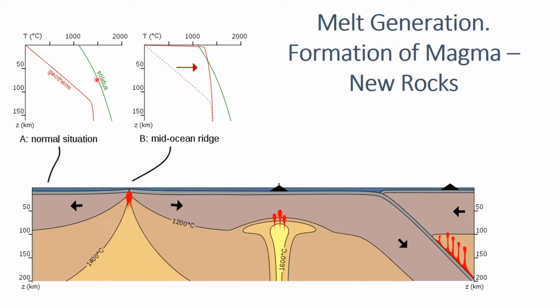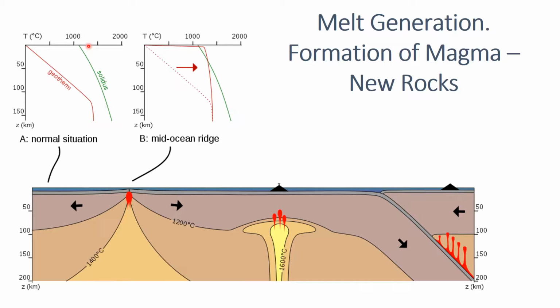Now the green line on here is the temperature at which rocks melt. At the surface of the earth, you have to heat up a rock to 1100 degrees Celsius for it to melt. But as you go down into the earth, the pressure increases. You should know that as things go from solid to liquid, they usually increase in volume. So if the pressure increases, it's harder to do that increase in volume.